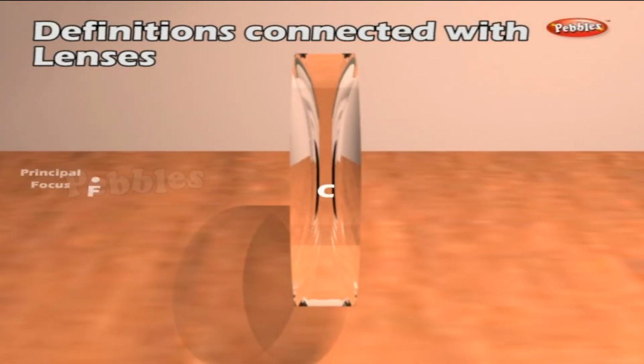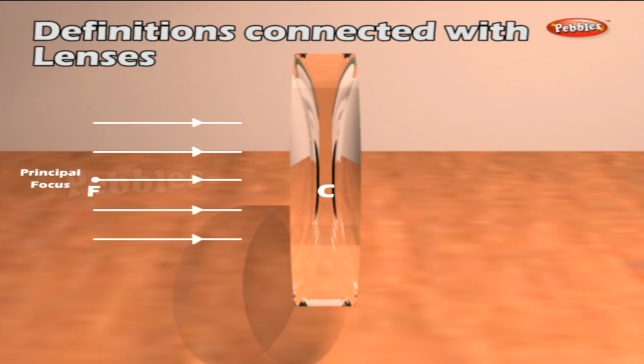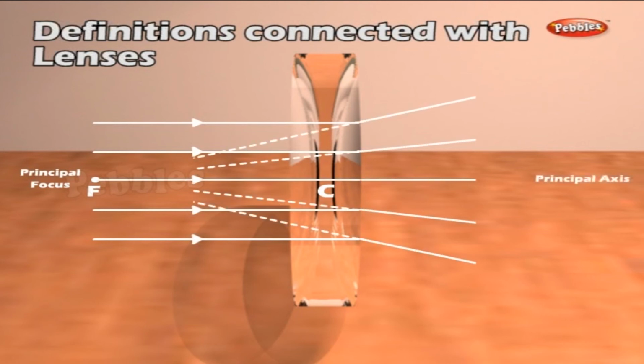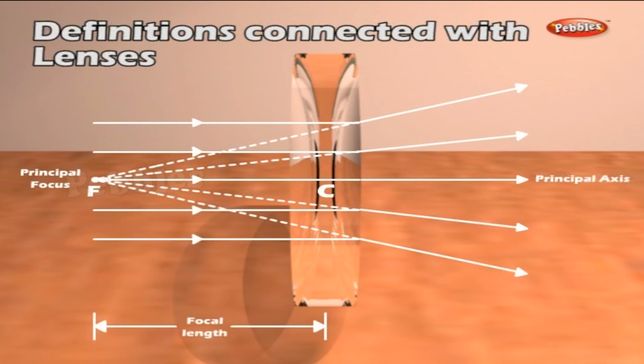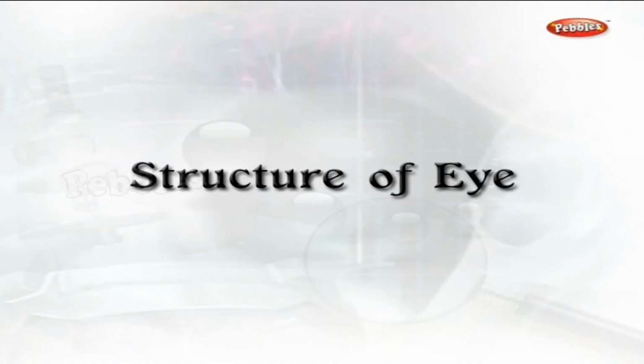In case of concave lens, principal focus is a point on the principal axis from where a beam of light parallel to principal axis before refraction appears to diverge. Focal length. The distance between the optical center and principal focus is called focal length.